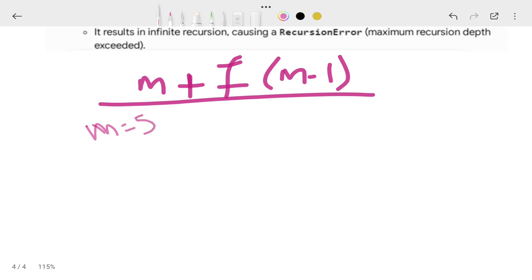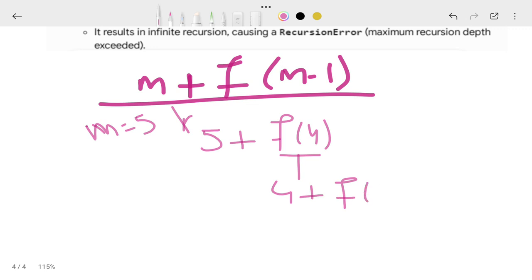So what is the meaning of this? We have at first n, so in place of n I am writing 5. So 5 plus f of 4. Okay. So just leave it. Now here 4 plus f of 3, because 4 minus 1 is equal to 3.